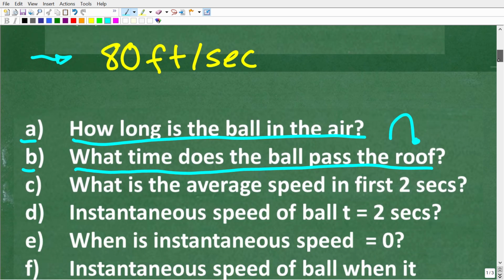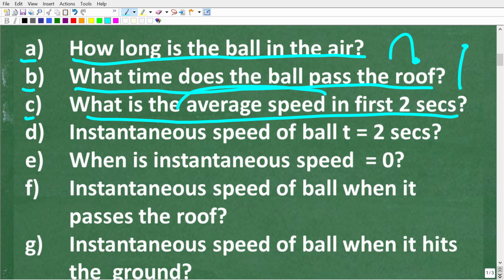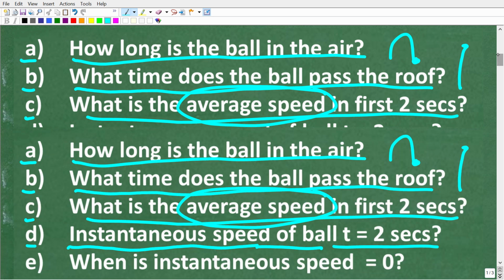The next question here is, what is the average speed for the first 2 seconds of this ball? So the ball is going to go up, and for the first 2 seconds, what's the average speed? Now this is in contrast to our next question, and that is the instantaneous speed. What's the instantaneous speed of the ball at time equals 2 seconds?